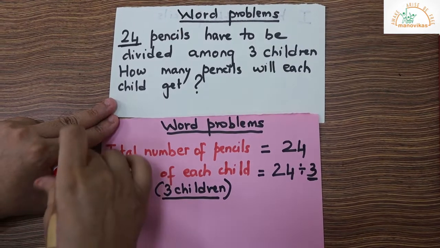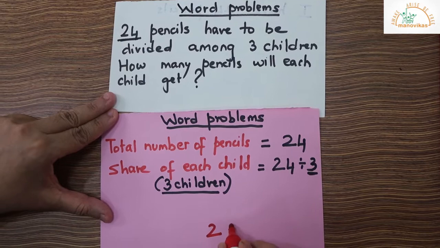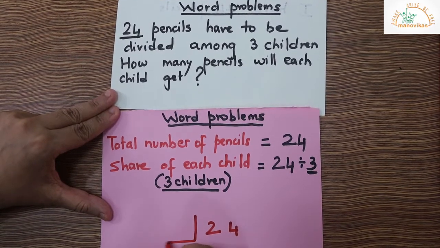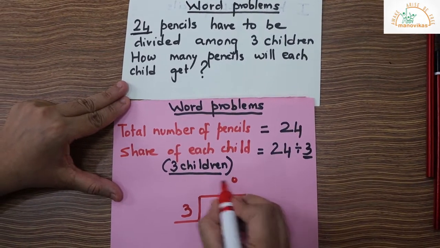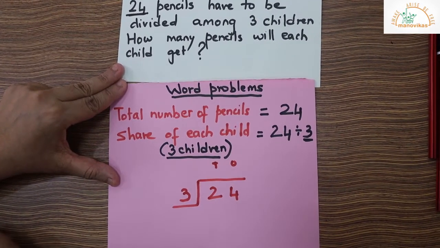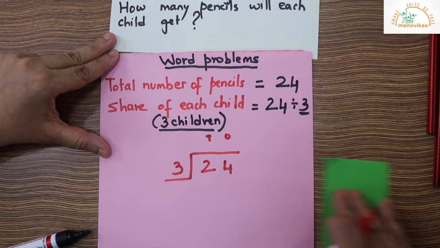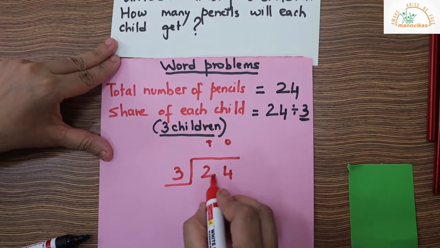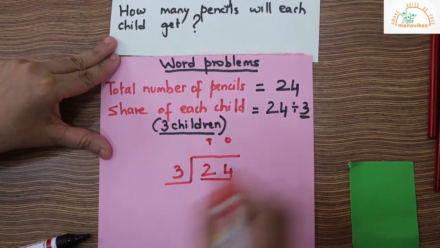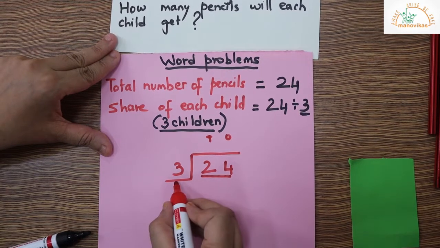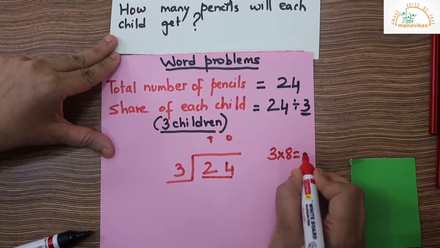Now, you all know how to divide, right? Now apply the concept. 24 divided by 3. Now, this is the ones place, tens place. Can you divide the number 2 by 3? No. So which number are you going to take? You are going to take the number 24. Now, say the table of 3. 3 8s is how much? 24.